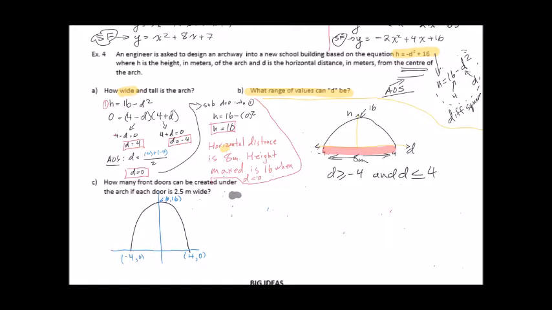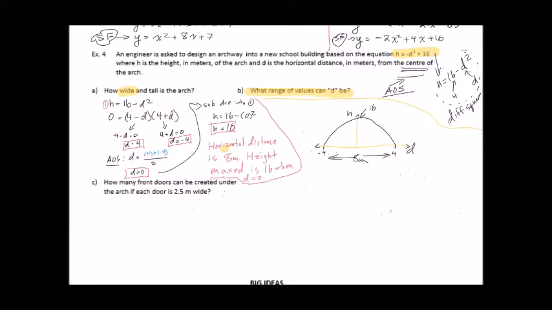I want you to try and answer this question on your own. This is a special question that we'll look at later. If you're in class, we'll go over this. If you're not in class, you need to come and see me about this problem.